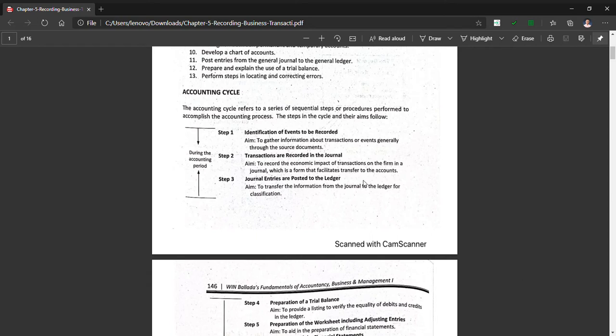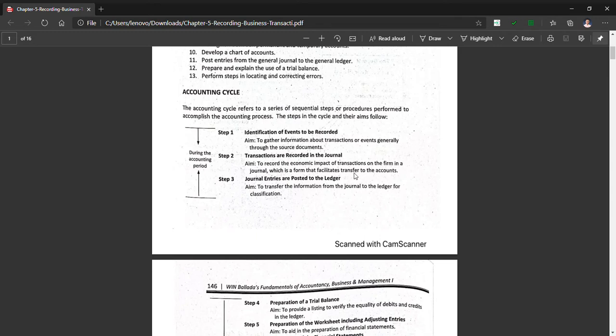Okay, so kung i-transfer na natin sa ledger, ang tawag doon is posting. Okay, so that is why kaya tinawag dito na journal entries are posted to the ledger. Then after nun, every transaction, every event na kailangan i-record, gagawin nyo lahat to, yung steps 2 and 3. Kailangan nyo i-record sa journal, kailangan nyo i-transfer sa ledger.